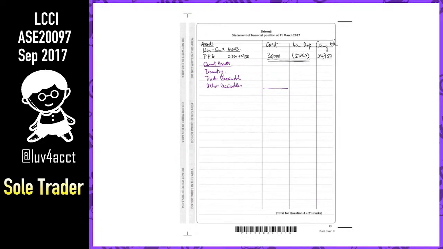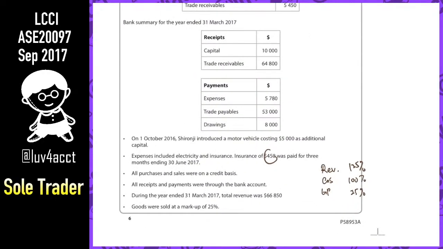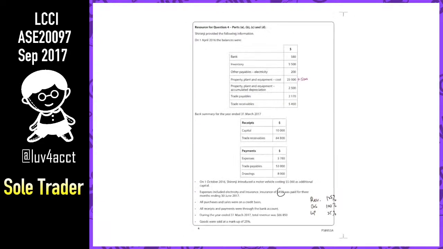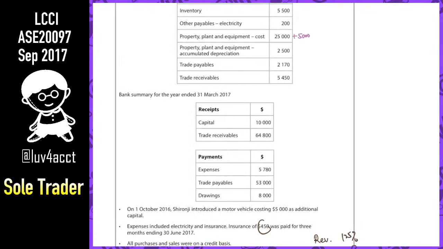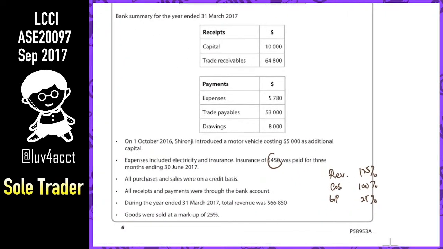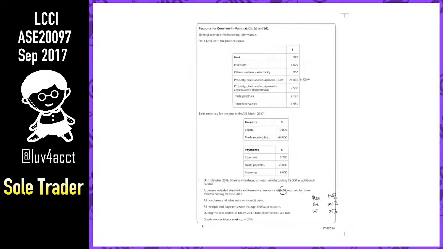So I will put the three figures first. Closing inventory here, 4750, and trade receivables we have calculated just now to be 7,500. Other receivables, we have 450. These three figures let us put first.